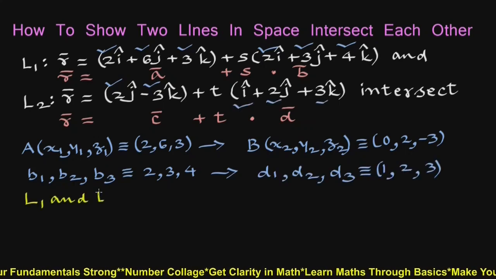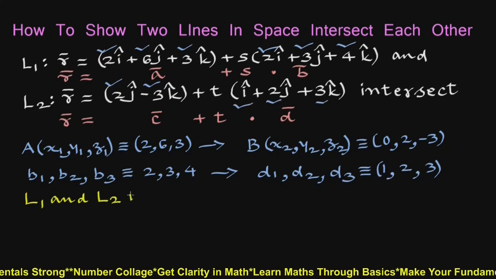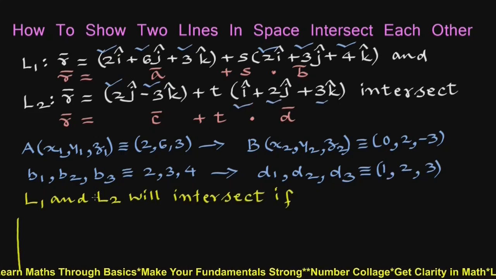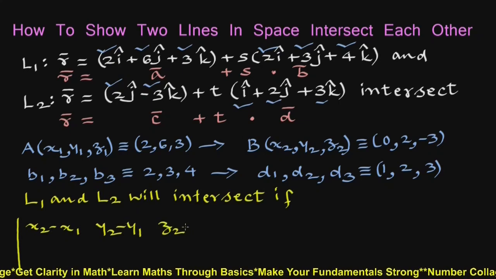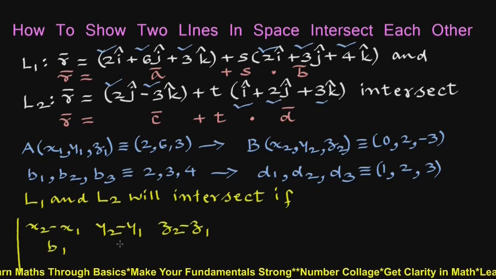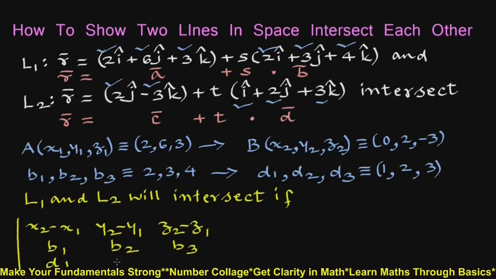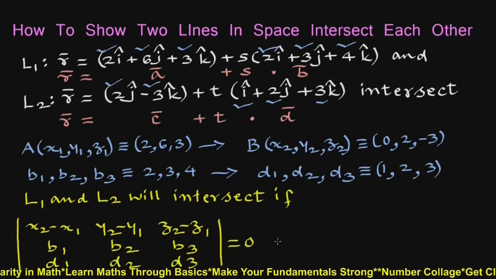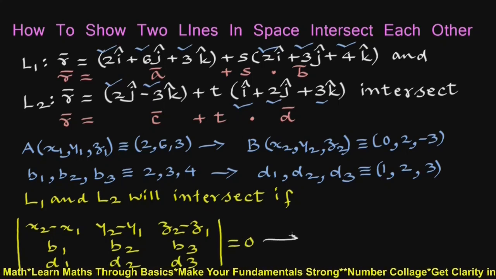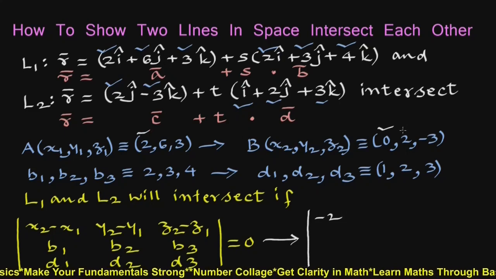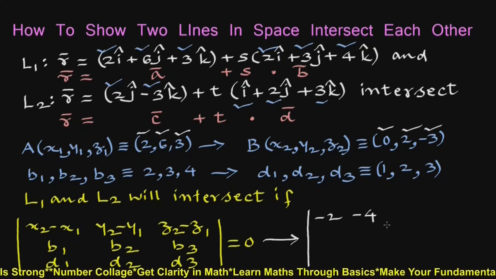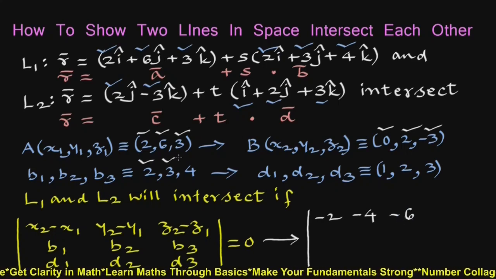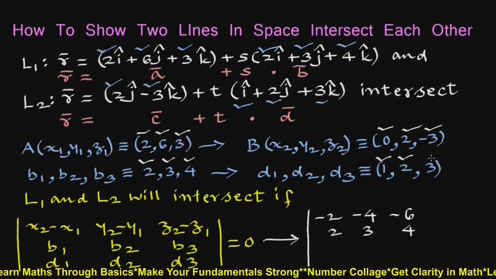L1 and L2 will intersect if the determinant with rows (x2 - x1, y2 - y1, z2 - z1), (b1, b2, b3), (d1, d2, d3) is 0. If we evaluate this determinant: rows (0 - 2, 2 - 6, -3 - 3) = (-2, -4, -6), (2, 3, 4), (1, 2, 3).